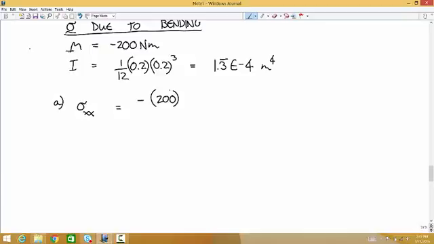What's y for a point at the top? 0.1, yep. Divided by 1.3 repeating times 10 to the minus 4. So what do you get for that? Oh, and this should be a double negative.